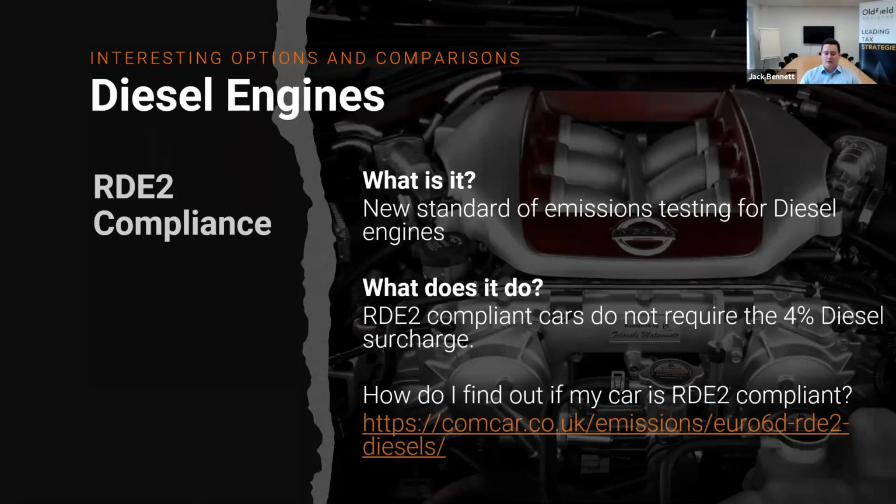Where you have a diesel, there is a 4% diesel surcharge. So, for example, if your CO2 emissions were 135 grams, if it was petrol, you'd be taxed at 30% of that list price, but a diesel would be 34%. If a diesel has been registered as RDE2 compliant, that does remove the need to add that 4% diesel surcharge. So instead of the 34%, your rate would be 30%.